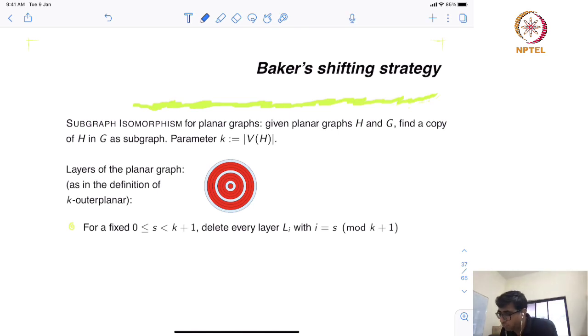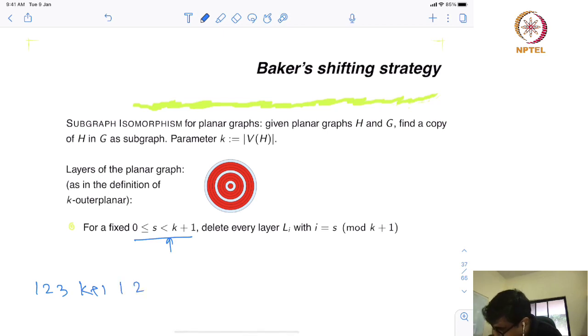And so, you fix some integer s from 0 to k plus 1. Now, let us delete every layer Li with i equal to s mod k plus 1. What is the meaning of this? You give the layers numbers 1, 2, 3, up to k plus 1. Then again you call them 1, 2, 3, up to k plus 1, and again 1, 2, 3, up to k plus 1. So, let us delete all the layers with number 1.